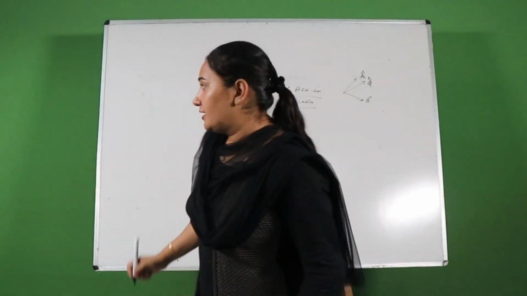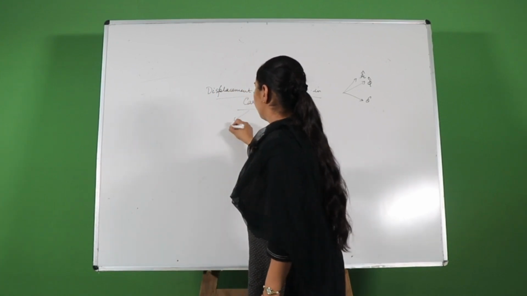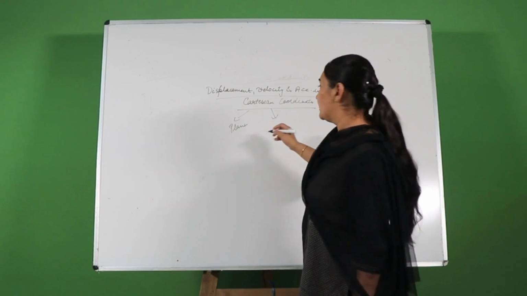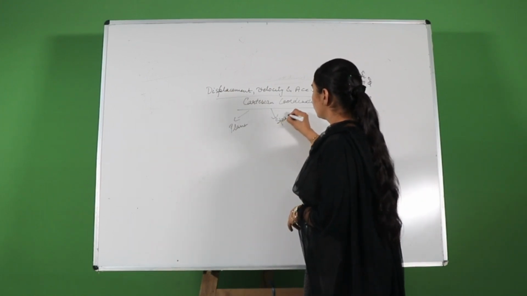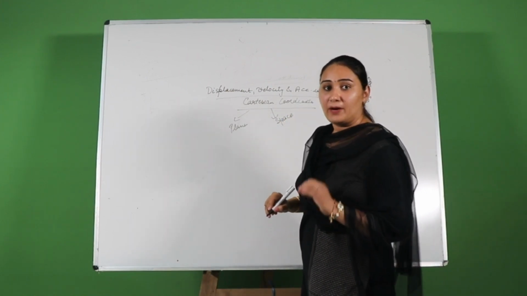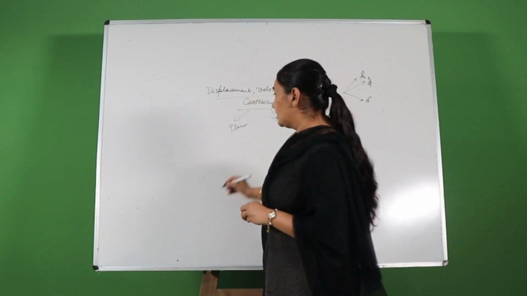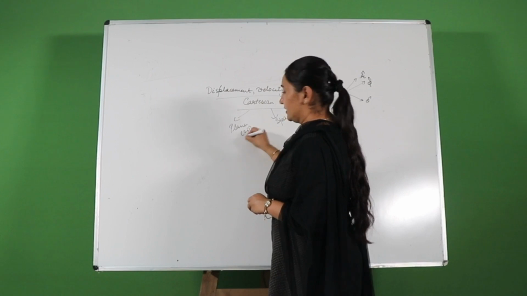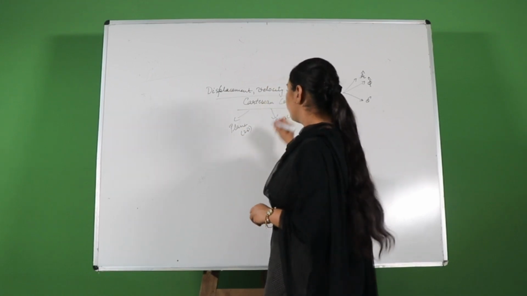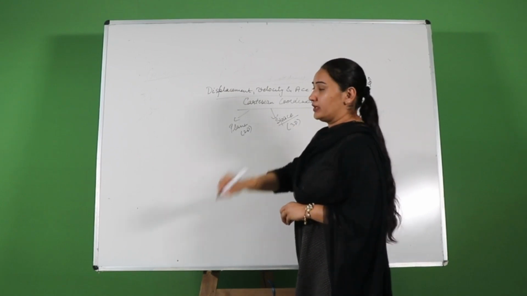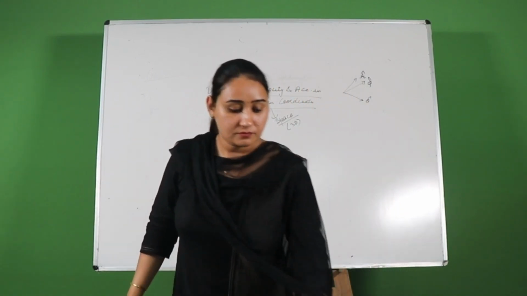When your particle is moving in a plane, and second is when your particle is moving in a space. It means when a particle is moving in a plane, your particle is moving in a two-dimensional geometry, and a particle in a space means your particle is moving in a three-dimensional geometry.